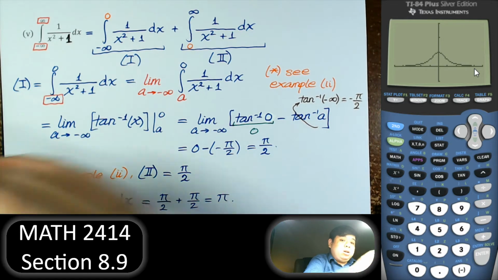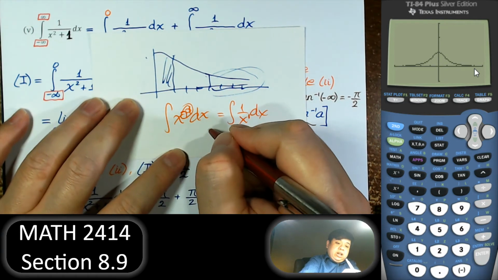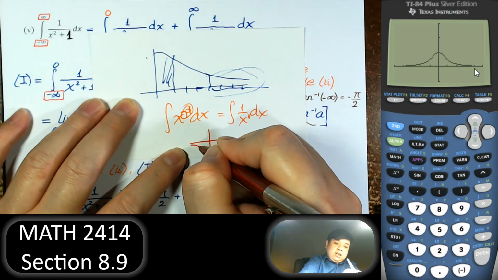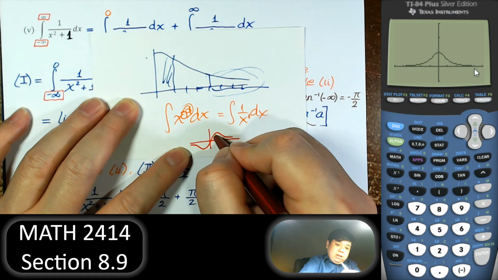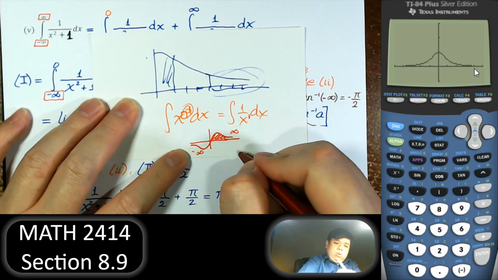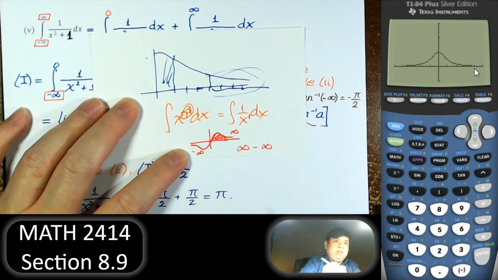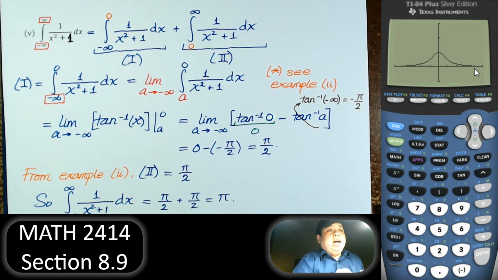That is by definition. Later on, of course, if the function is not the bell curve, it is like this, so one of them is infinity and one of them is negative infinity. Then we say, what happens with infinity minus infinity? Well, that is indeterminate. So, by definition, emphasize that.